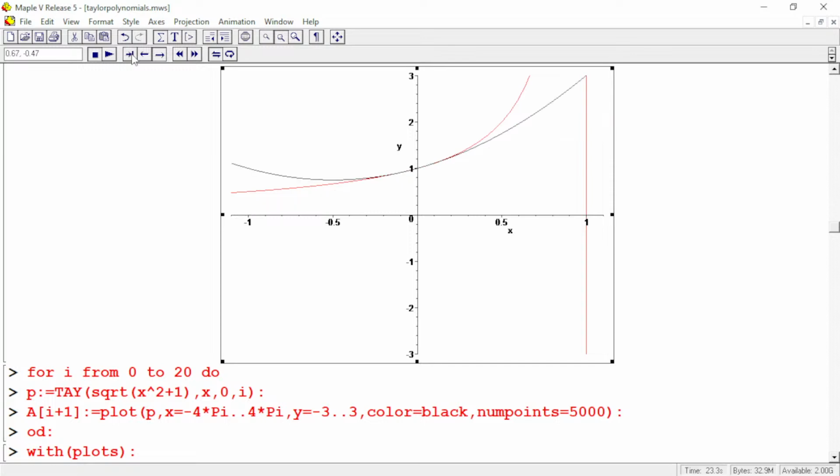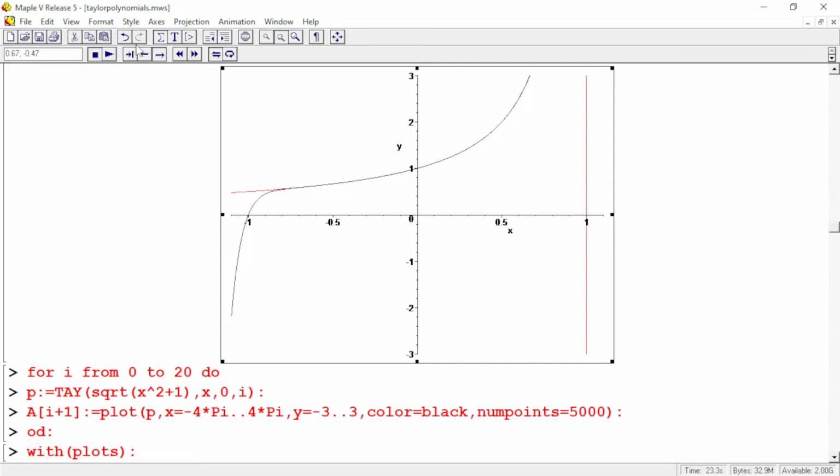This is 1 plus x plus x squared, then x cubed, x to the 4th, x to the 5th, x to the 6th, x to the 7th, x to the 8th. You'll notice that it lines up almost perfectly between negative 1 and 1. It's just this little tail here, and you can't see what's going on over there, but you have a similar problem over here.